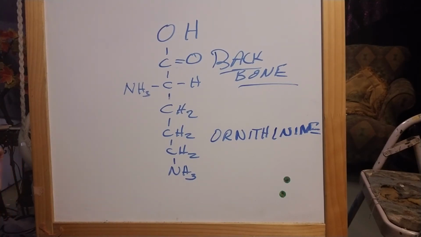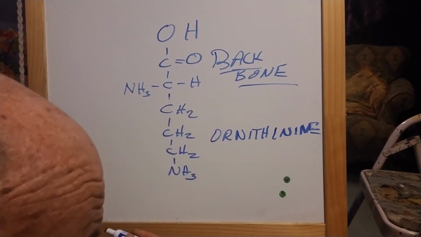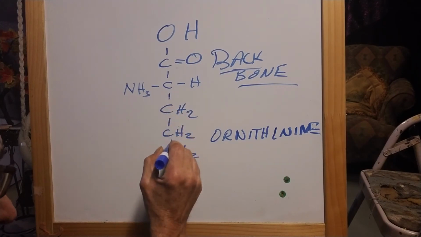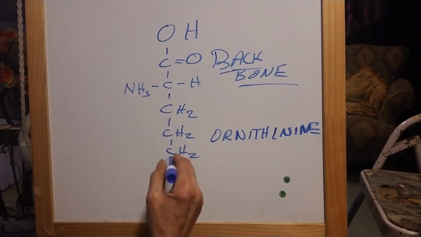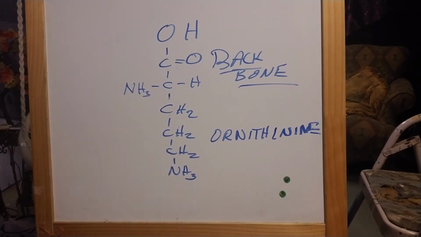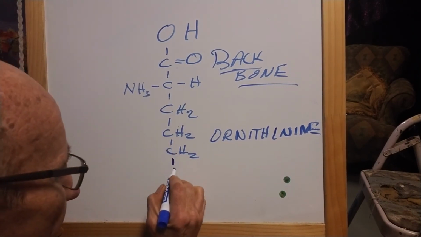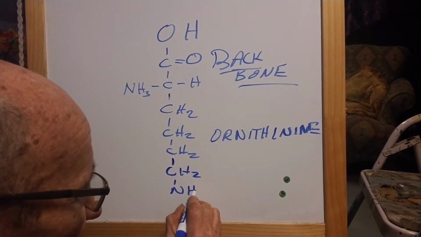But you can see where the body can make this. This is a non-essential. The one previous was essential, because it had the 4 instead of the 3 carbons here, CH2s. So all the body has to do is take one of those CH2s off, and then it has this one. The previous one was lysine.